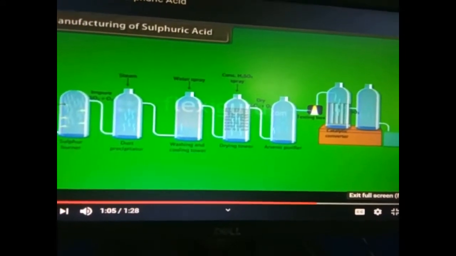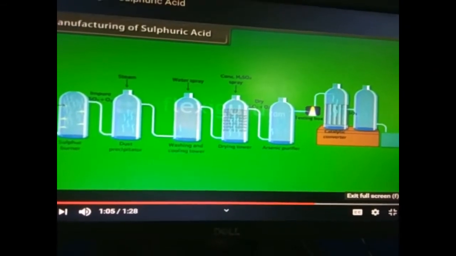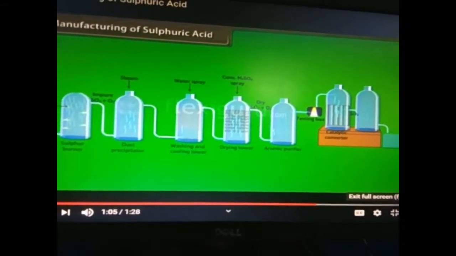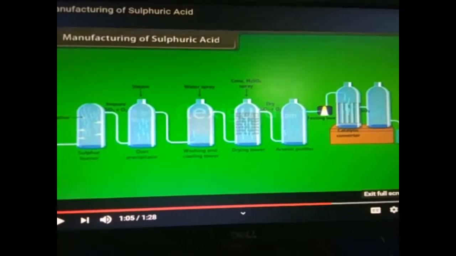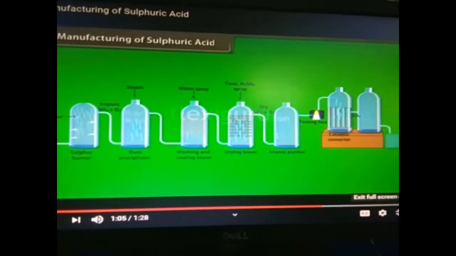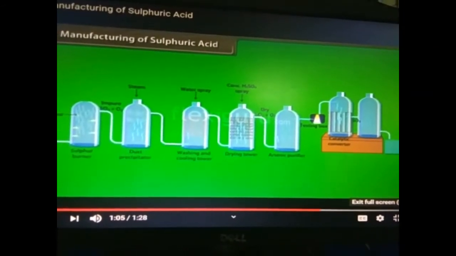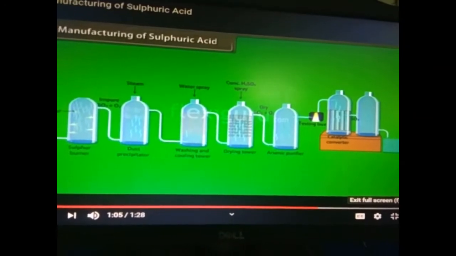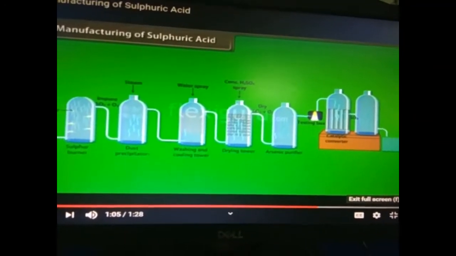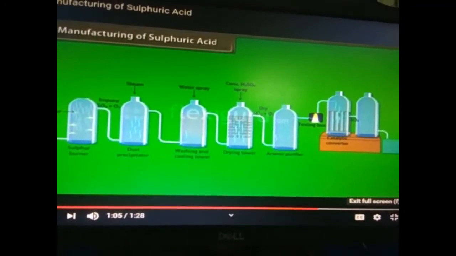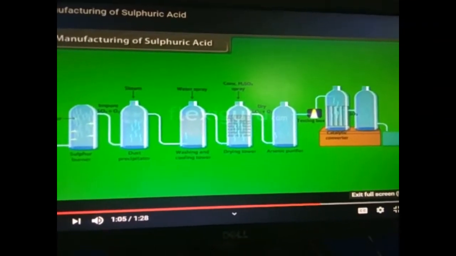In the catalytic chamber, sulfur trioxide reacts with concentrated sulfuric acid. In the catalytic chamber, vanadium pentoxide is taken at the temperature 450 to 500 degrees Celsius at 1 atmospheric pressure.